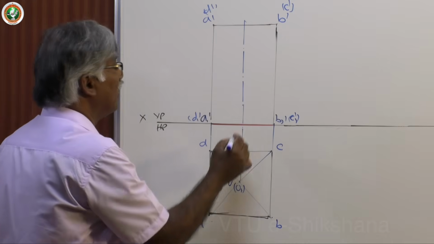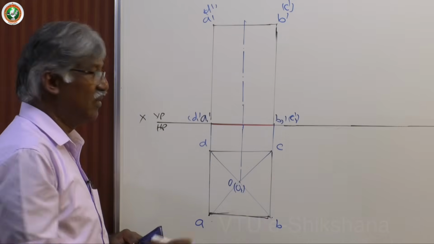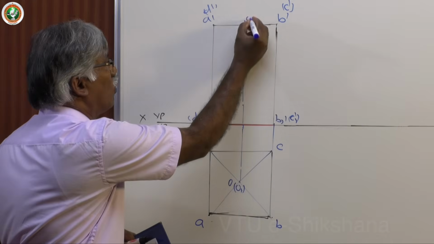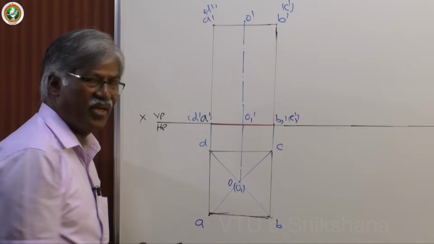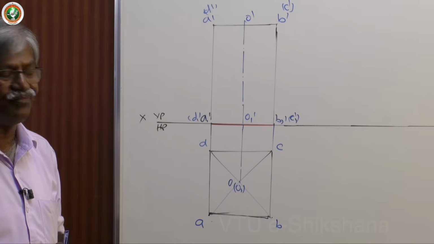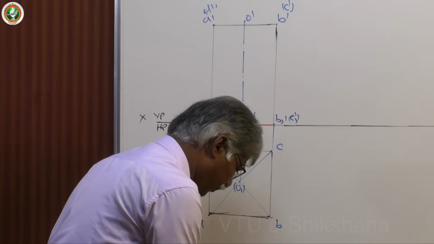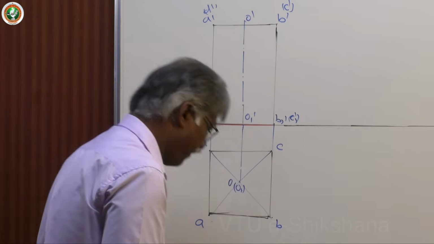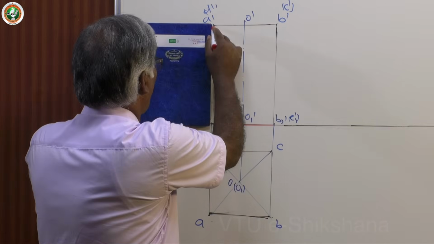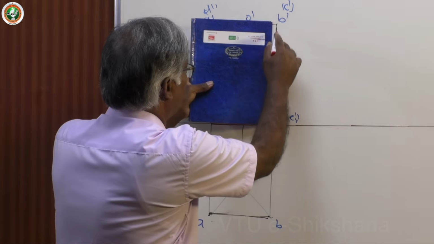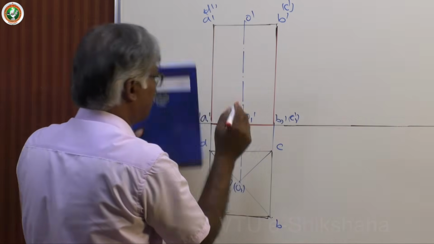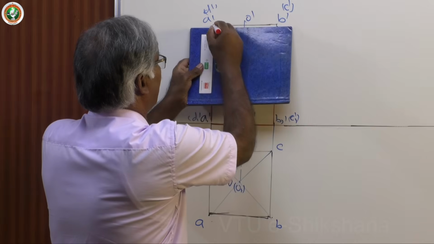Till this point, it is regular. Then after that, the axis point. This is O dash, O1 dash, imaginary line. Now dot the hidden line. Usually you forget the line which is on the XY line. It is very important.